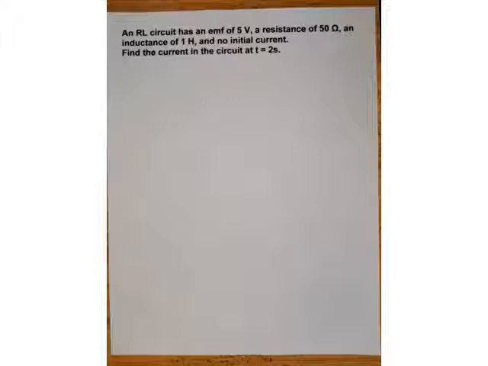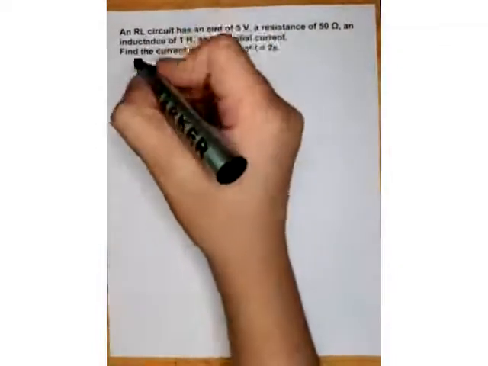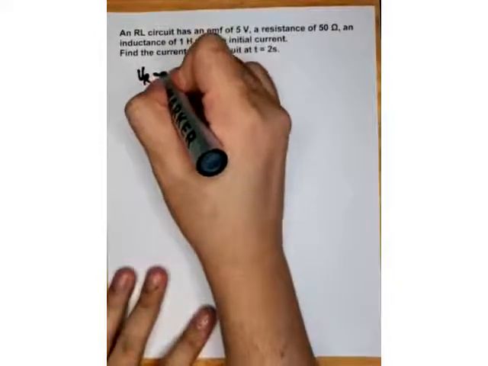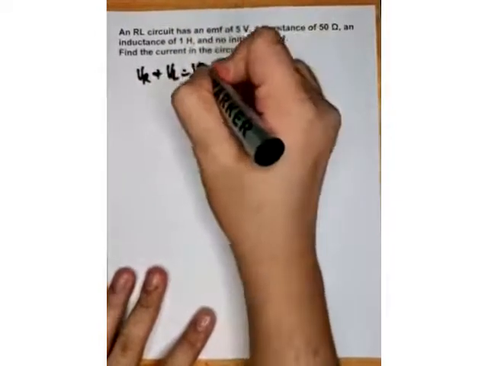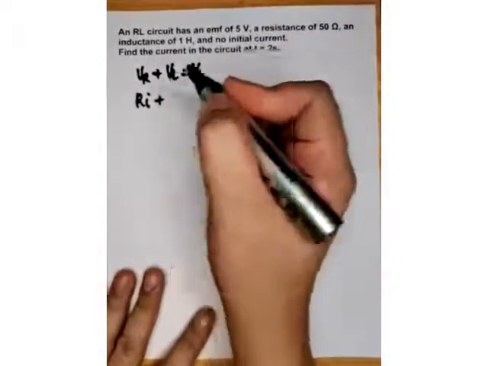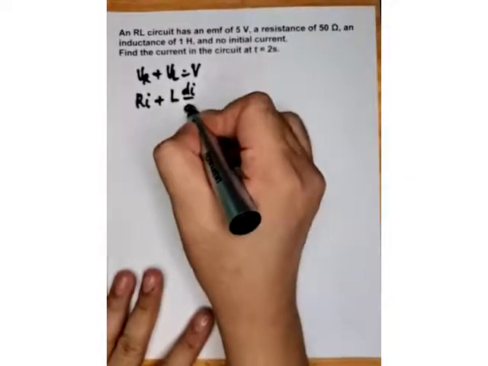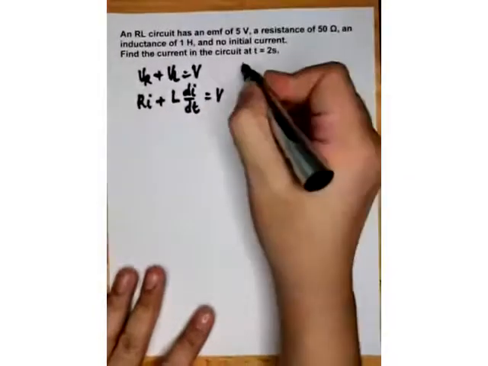Now we need to find the current in the circuit after 2 seconds. So what's our formula? Since series lang naman ito, VR plus VL is equal to V. Yung VR natin, that's Ri, plus yung VL natin is L di over dt, is equal to V. So what's our R?